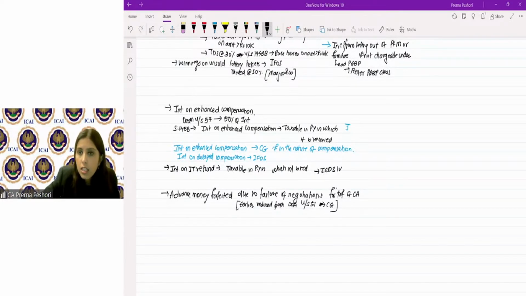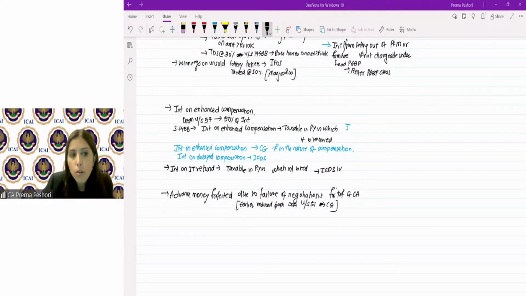Then what else is covered under income from other sources? The rest of the things, which are not catered for in another head and are not chargeable under another head, are covered over here. So which are those cases? As I said, first is interest on securities. Second is income from letting out of property, if it is not chargeable under PGBP.